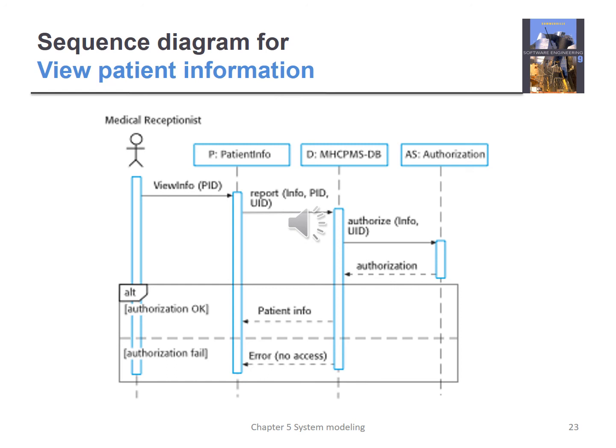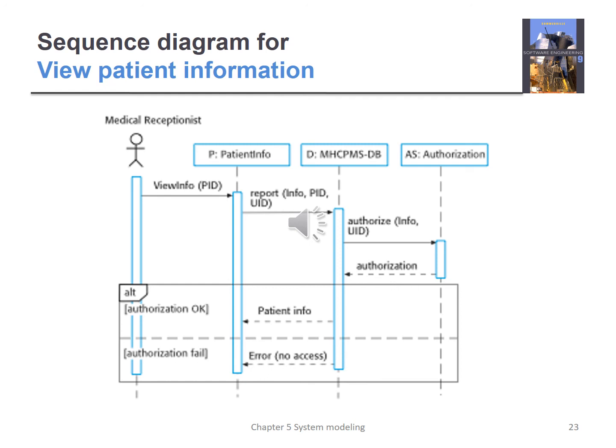This symbol is used when a sender must wait for a response. You just send a message, and you wait until a response comes, after it goes to another object and returns something back to you. Here it shows when the authorization comes and the alternative, either authorized or not authorized.